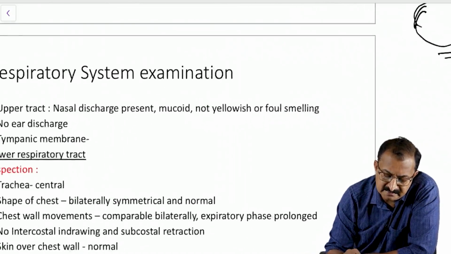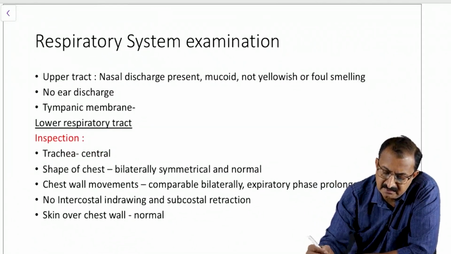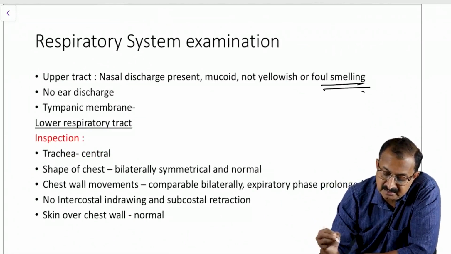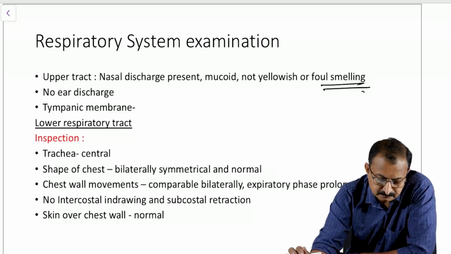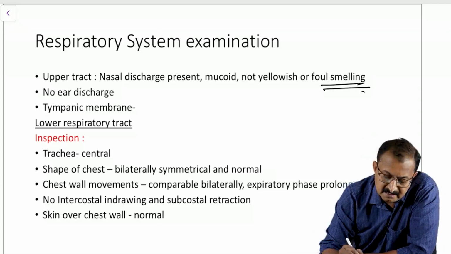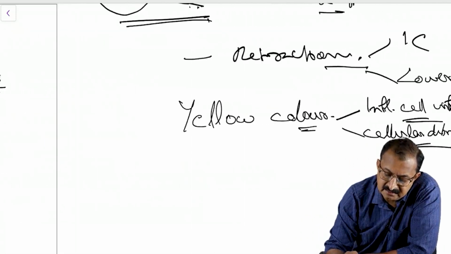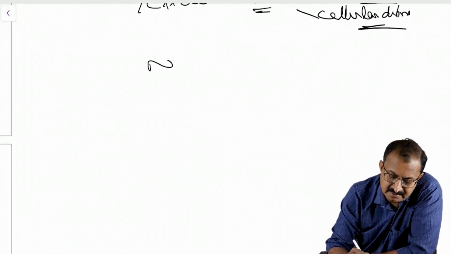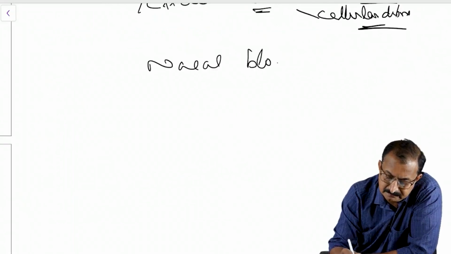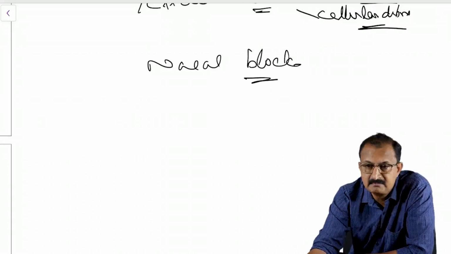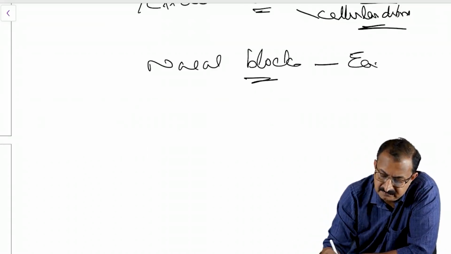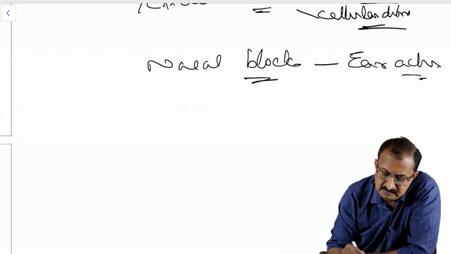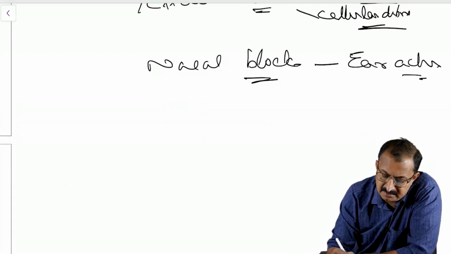Foul smelling nasal discharge, especially if it is unilateral, you have to specifically think about a foreign body in the nose. Along with the nasal discharge, the baby will definitely have nasal block, and this nasal block can cause pain in the ears. So this baby is said to be irritable.